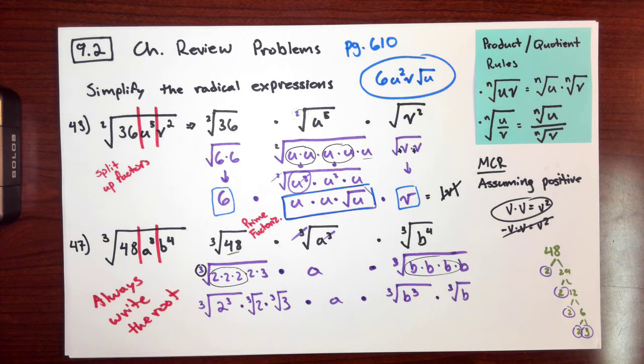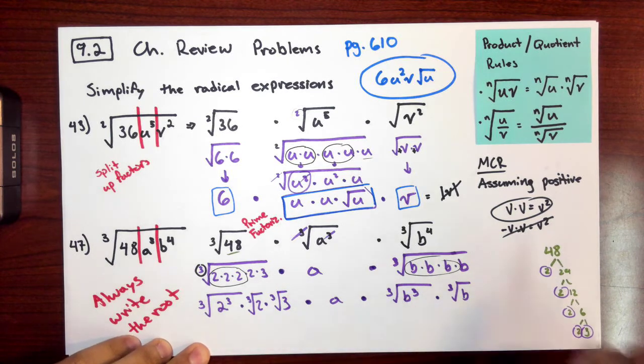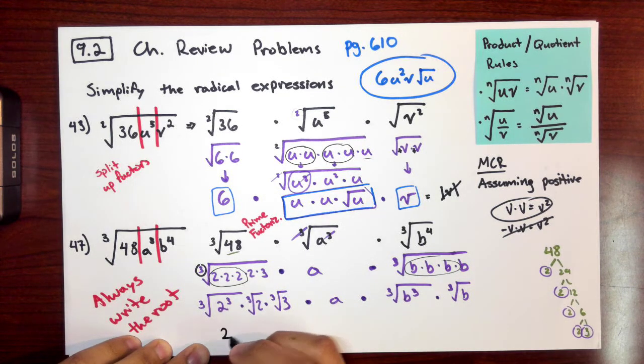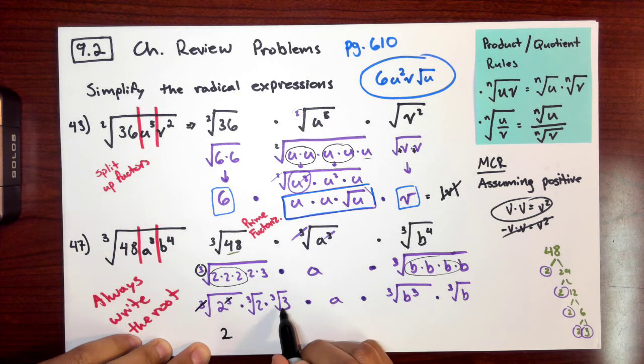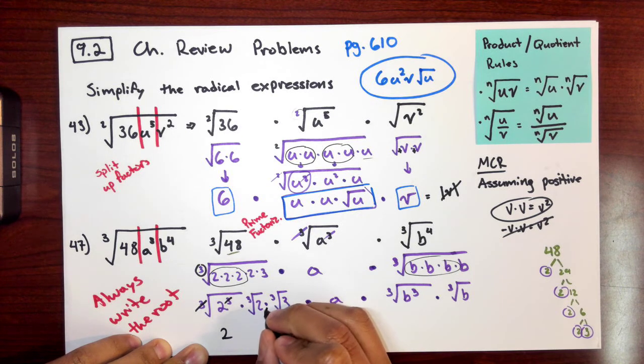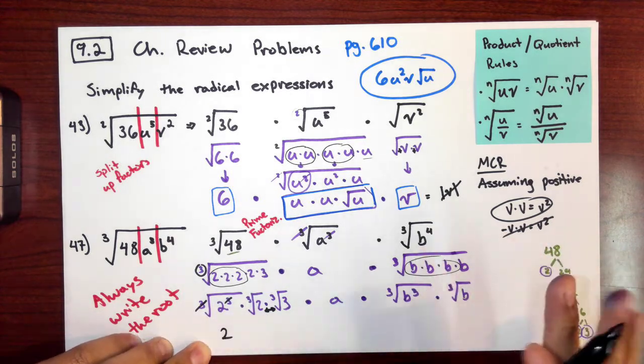So we're going to go ahead and just keep using the black marker. So the cube root of 2 cubed, we know this. Okay, this is just going to be 2 because these cancel out, right? Cube root of 2, cube root of 3. We're going to actually combine these two together now, okay? Because that's the most simplified form. We don't want too many radicals in the way.